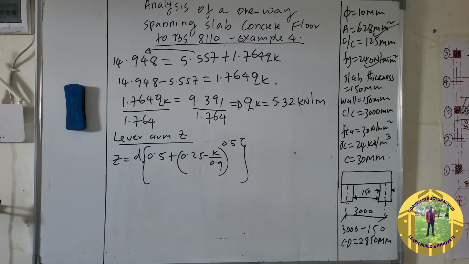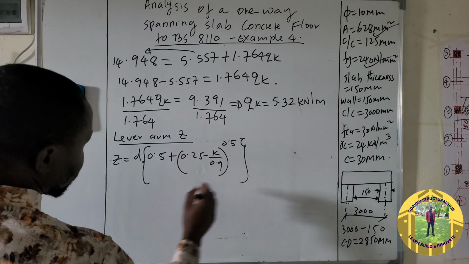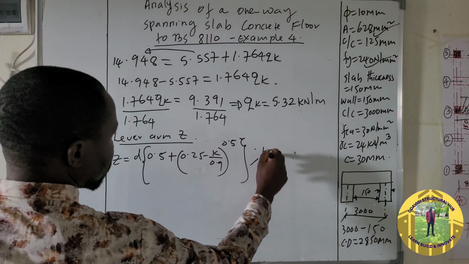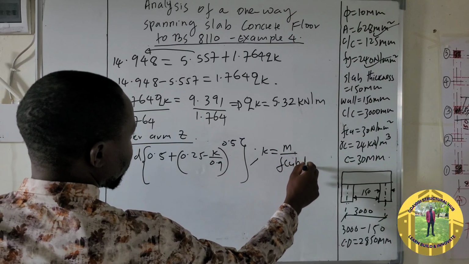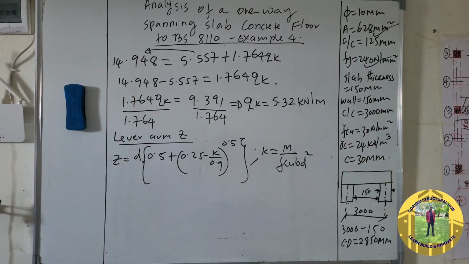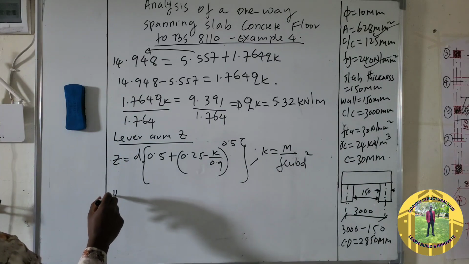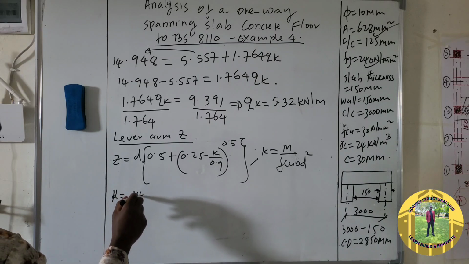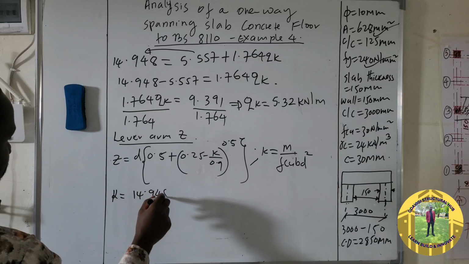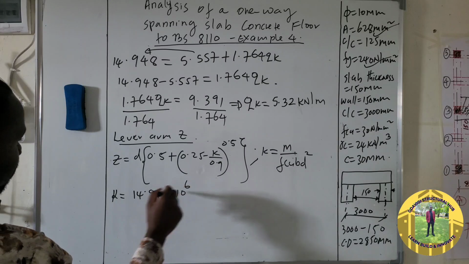So this is the formula to get the value of Z, whereby K is equal to M over FCU BD square. So K is equal to M, which is 14.948 times 10 raised power 6.